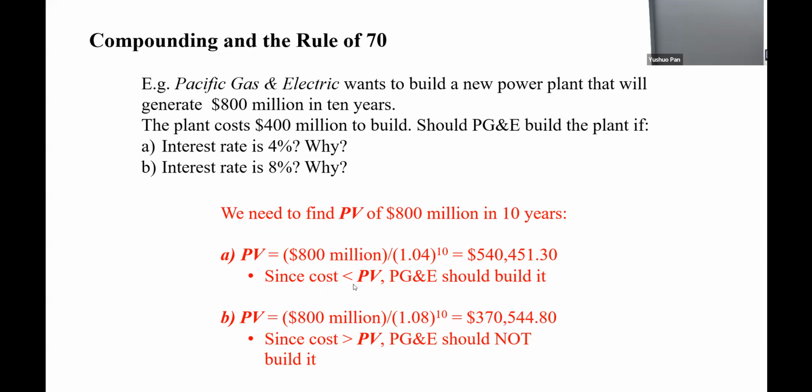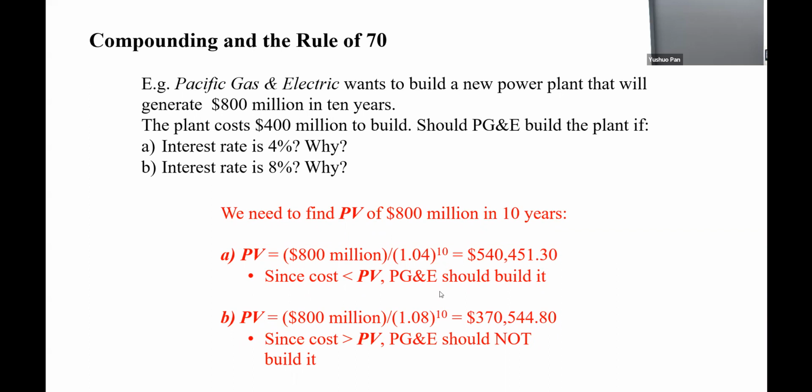Since the cost is smaller than the present value, the future money, the revenue I can earn in the future, converted into today's money, is higher. That should be the revenue today, right? If we convert the future revenue to today, today's benefit is bigger than today's cost. Then PG&E should build it.